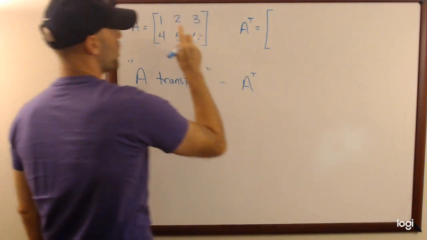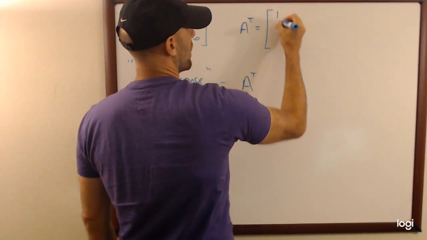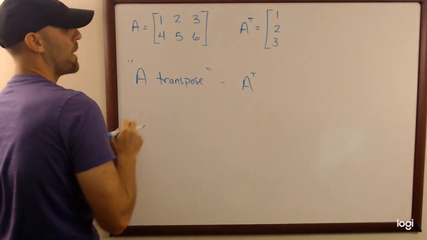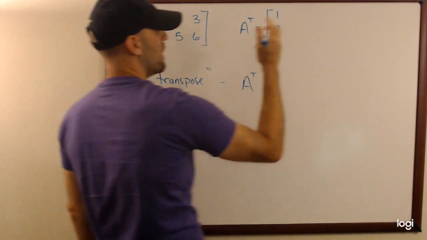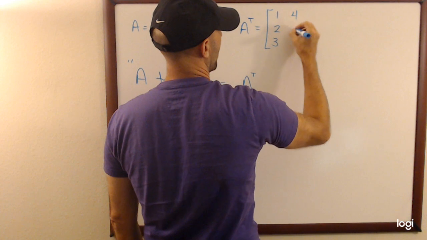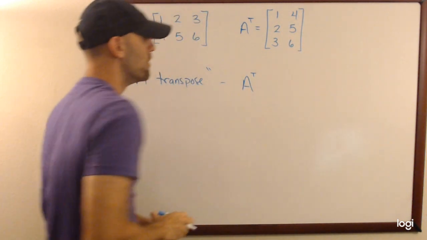Row 1 is 1, 2, 3. For the transpose, column 1 is 1, 2, 3. For the original matrix, row 2 is 4, 5, 6. For the transpose, second column, 4, 5, 6.